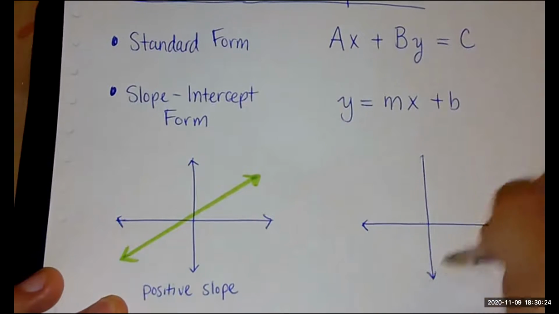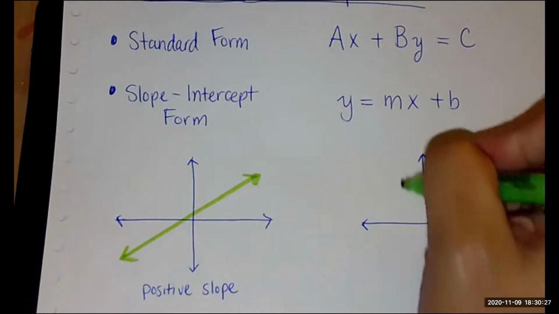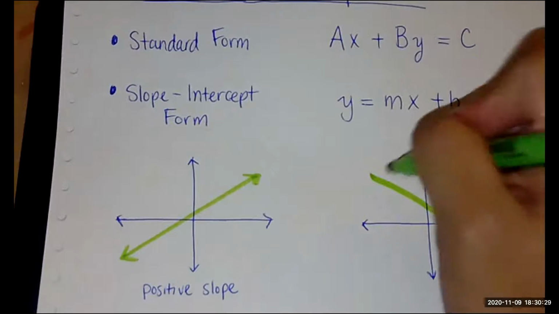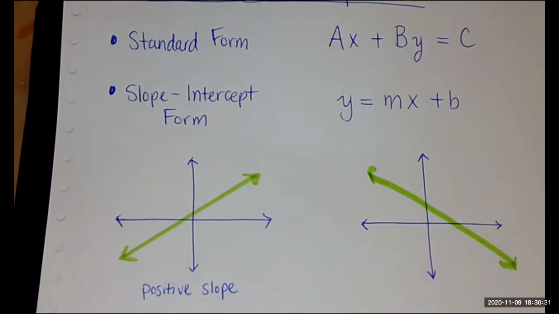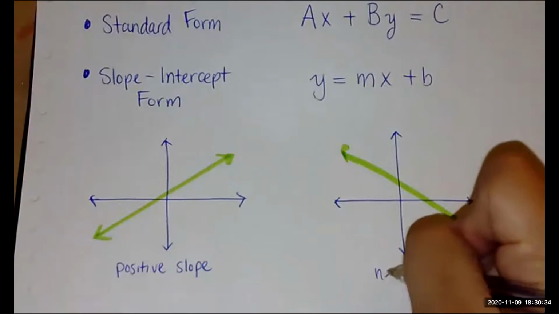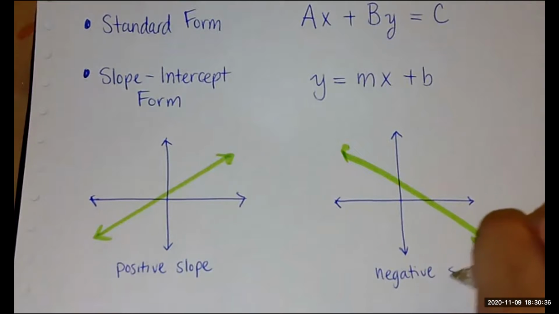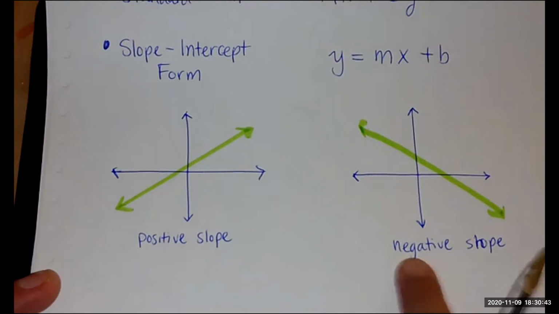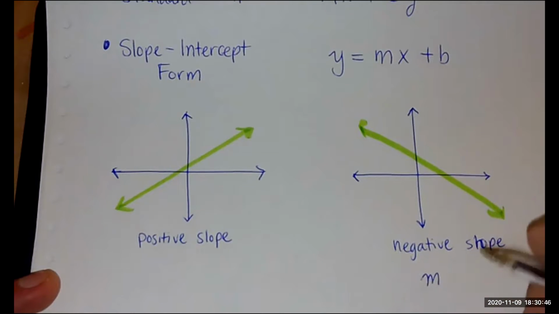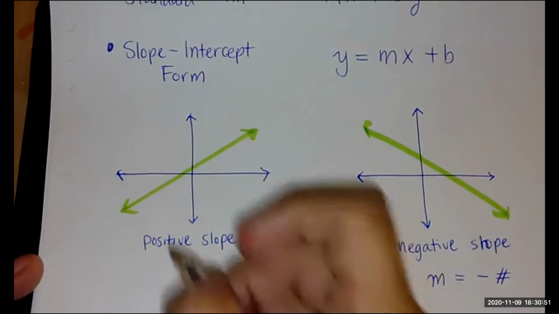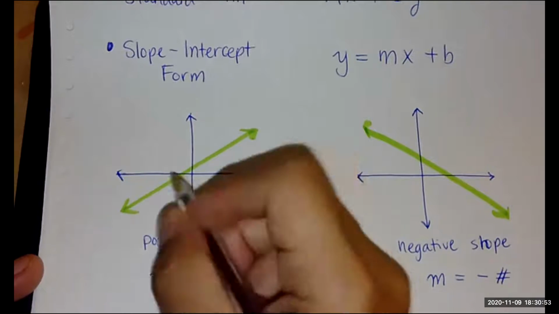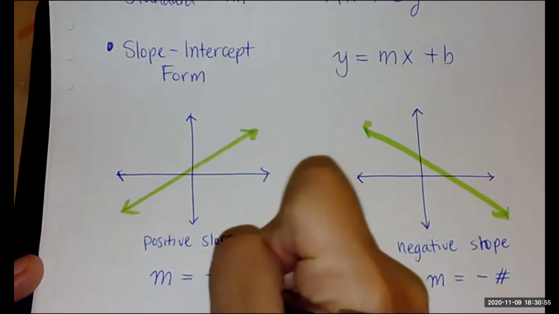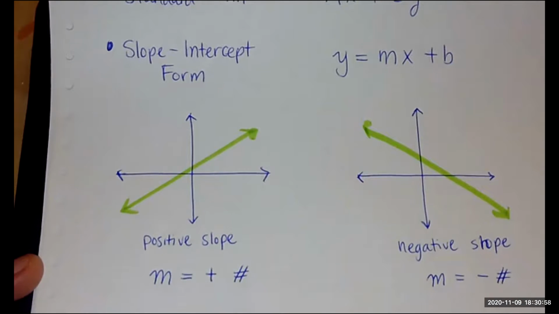If ever you get a graph that looks like this, where the line is going down into the right, this is a negative slope. So what I mean by that is that when you found m here, that was going to be a negative number. Whereas if you found m in this equation, whatever the equation that they give you, it's going to be a positive number.